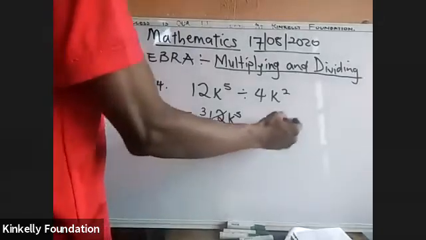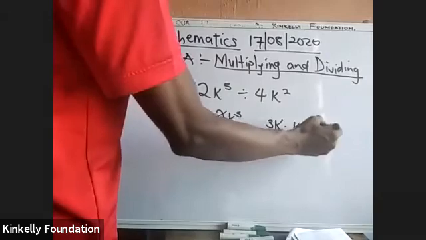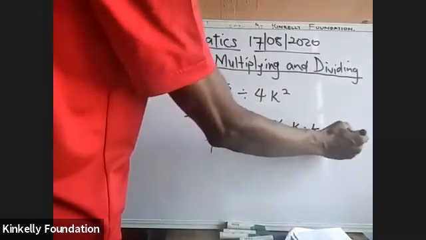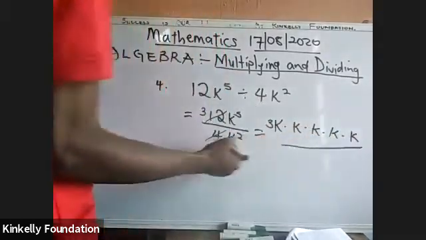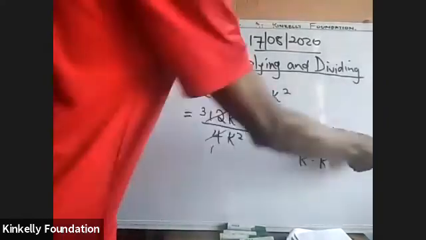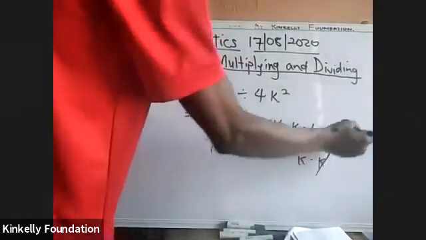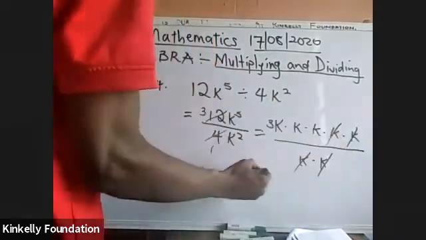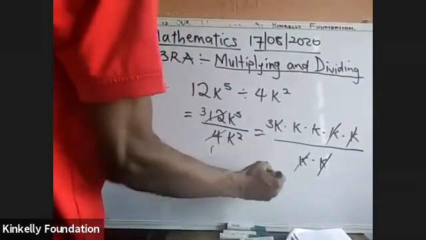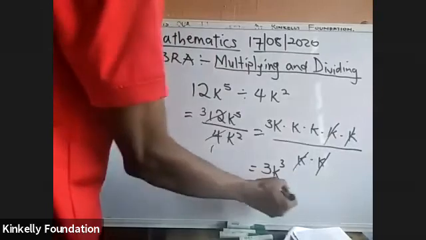This one means k times k times k times k times k all over k times k. So these two go with this to leave us with 3k raised to power 3.